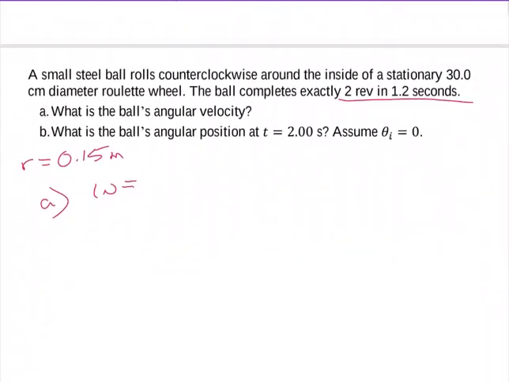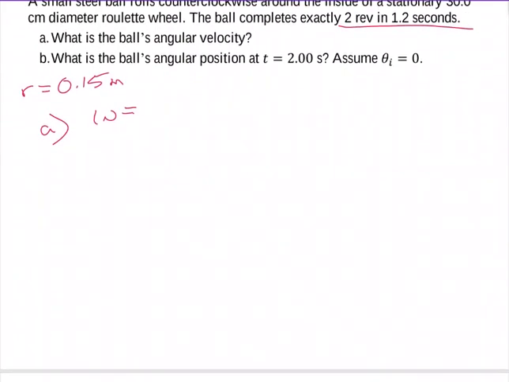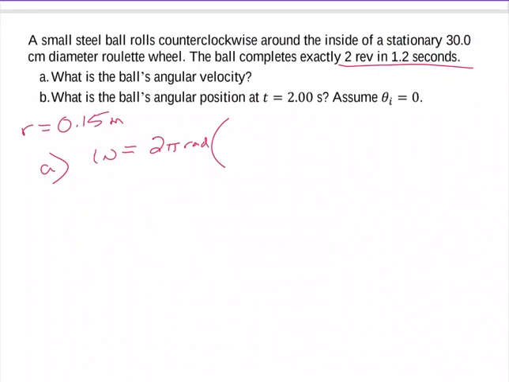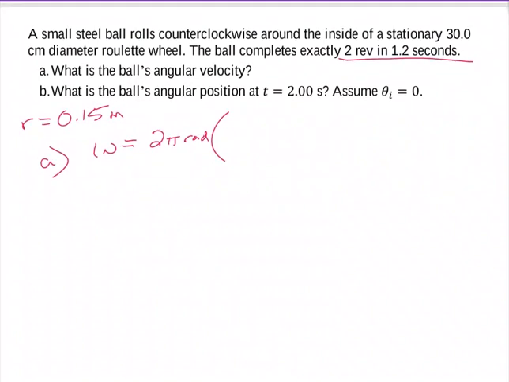We can just use that. So we have 2 pi radians times, what's the frequency? 2 over 1.2. The frequency is 2 revolutions in 1.2 seconds.